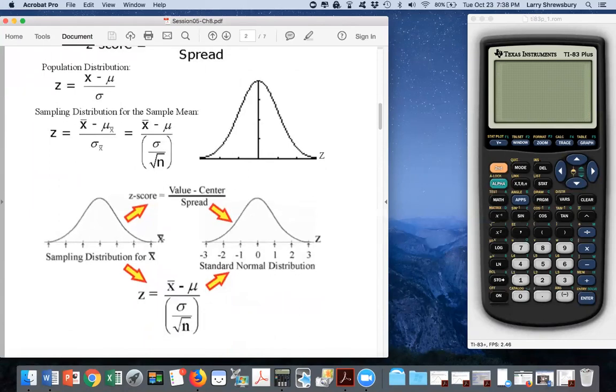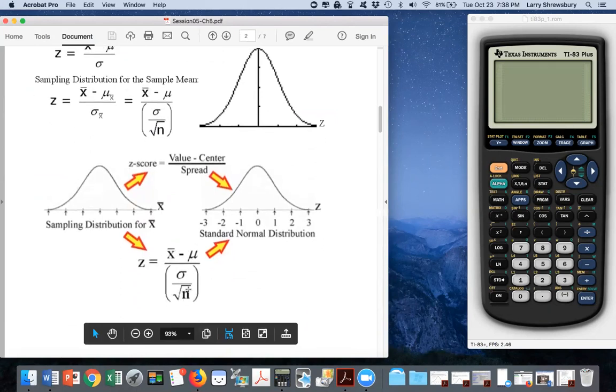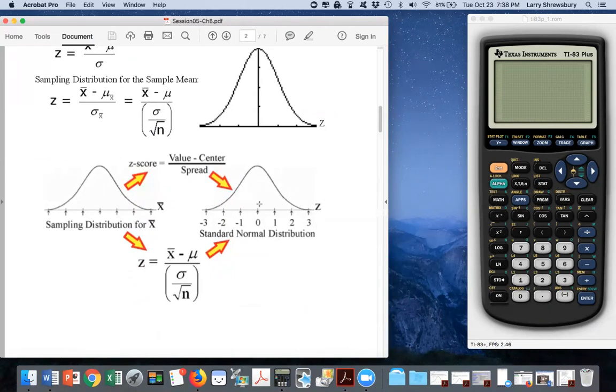Because for your sample mean, every sample mean can be turned into a z-score. This is the center and spread for your sampling distribution. So this sampling distribution turns into this. So when you see this, when they're explaining how confidence intervals work, know that this represents the distribution of all the sample means, or sample proportions if it's that sampling distribution.